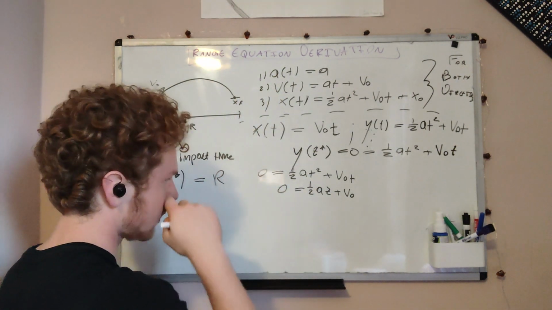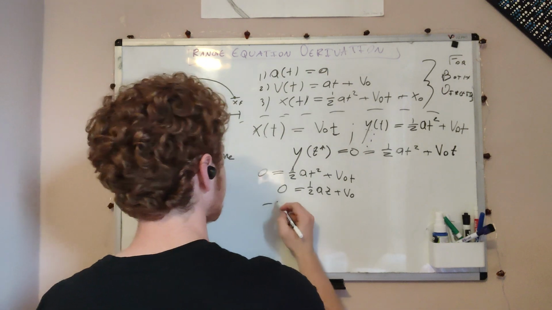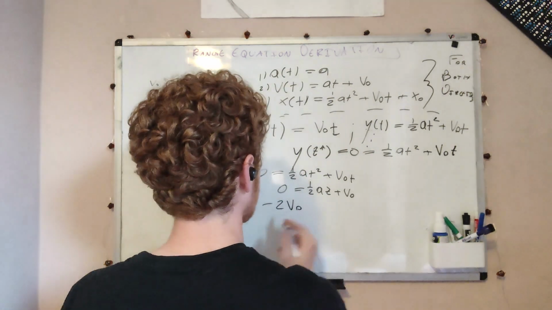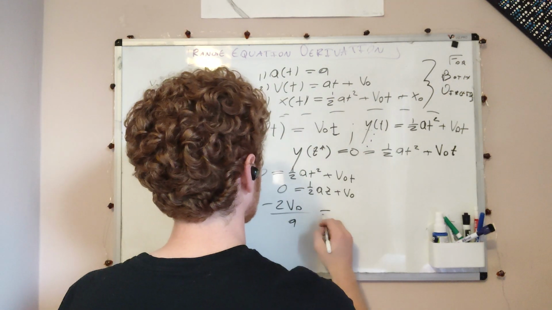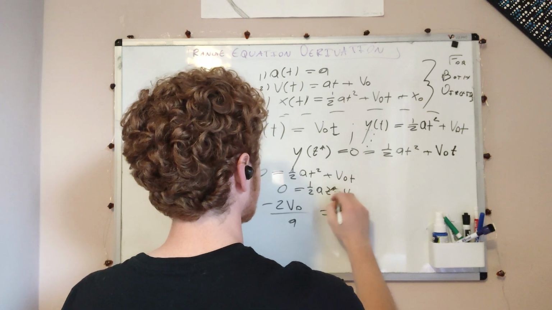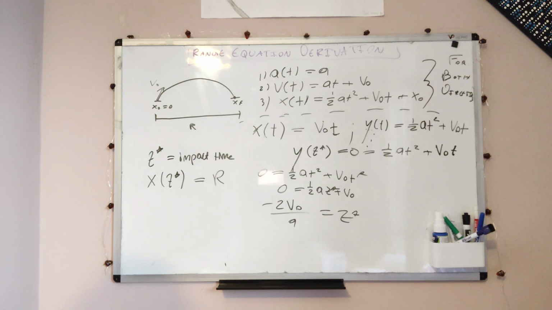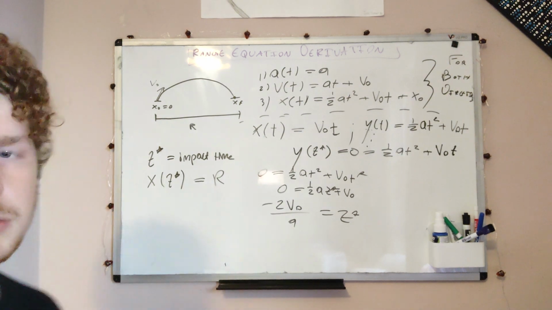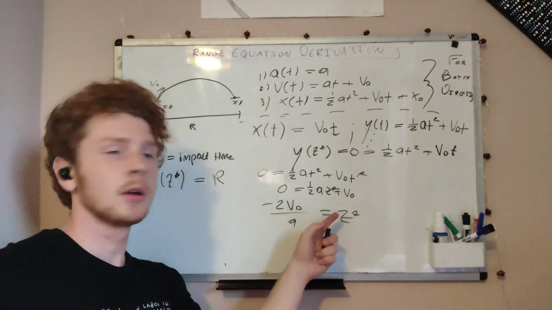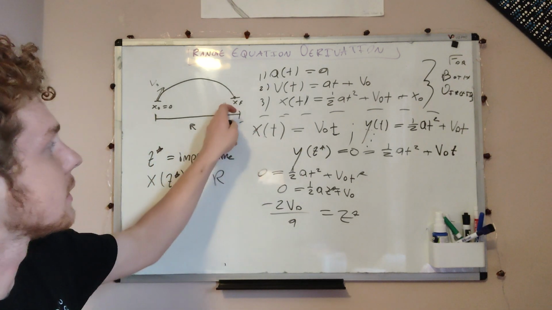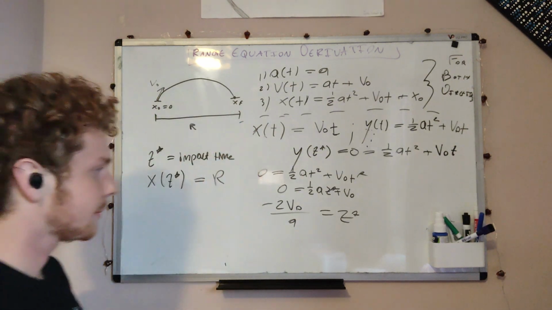So of course we solve, and we get t prime equals negative 2v naught over a. That's t star, R star, whatever you want. But we found an expression for the time at which it hits the ground the second time.